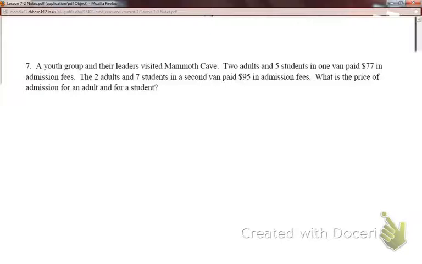So there's my variables. What is it asking for? It's asking for the admission price of an adult and of a student. So let's say x equals the adult price, and y equals the student price.